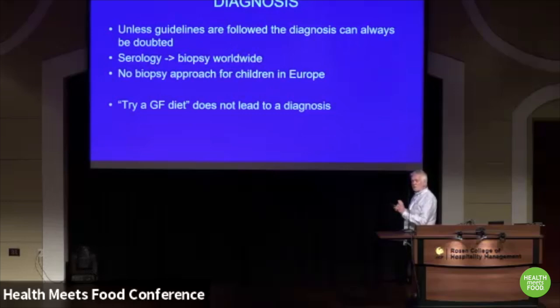It's a TTG IgA antibody level of greater than 10 times the upper level of normal, once, but also repeated, because blood tests can get screwed up. It can be a different patient, or there may be some temporary phenomenon. These antibodies can go up with just an infection, actually. So it's very important that if someone's told they have celiac disease, the diagnosis is based on guidelines.